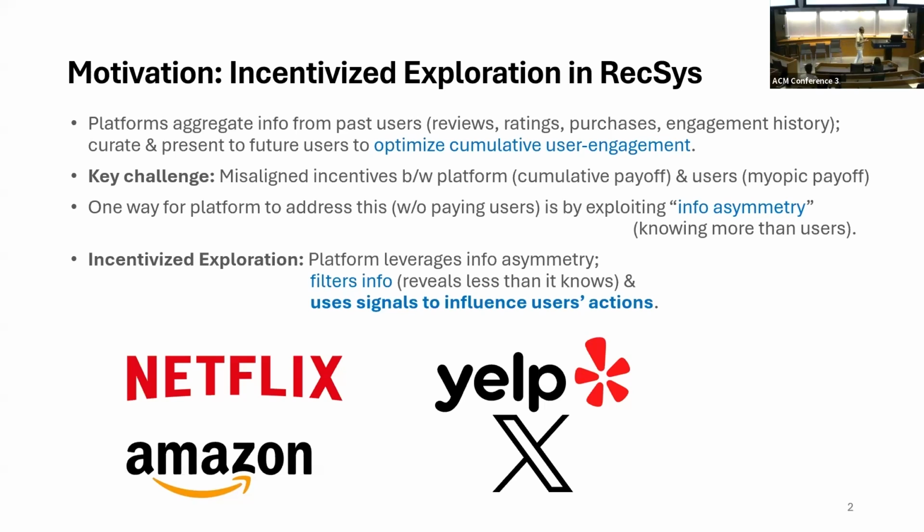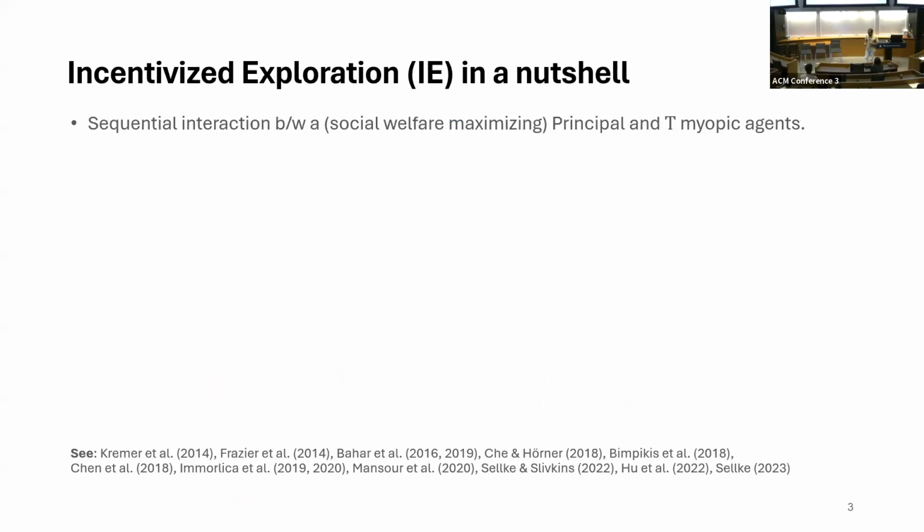Now, to make this more concrete, I will give you a quick recap of what the classic paradigm is all about. Incentivized exploration involves a sequential T-round interaction between a social welfare maximizing principal and T myopic agents. There's been a lot of work on incentivized exploration now, and I'm just showing you a sampler here at the bottom of the slide.